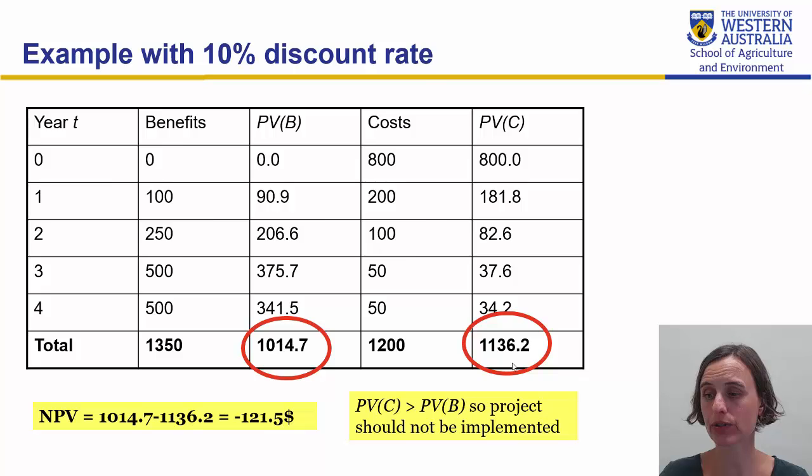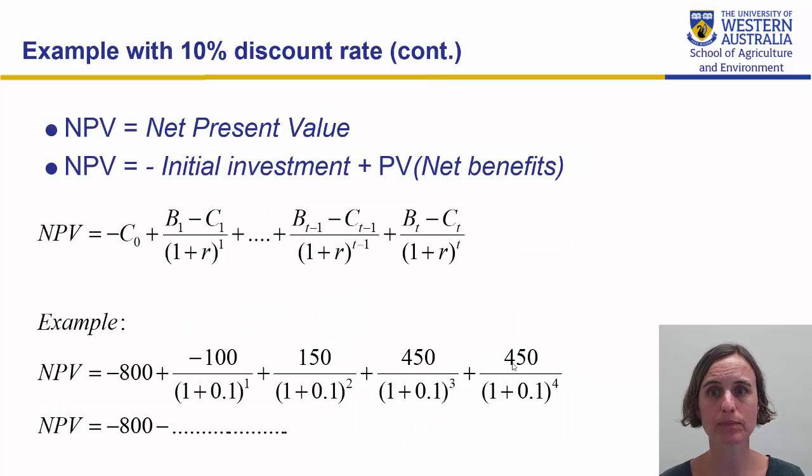That's using a table. You can also put it all in the formula. We have net present value is the same as the initial investment, because there wasn't any benefit, plus the discounted net benefits in year 1, etc., until the last year. And I've put that in for you here.